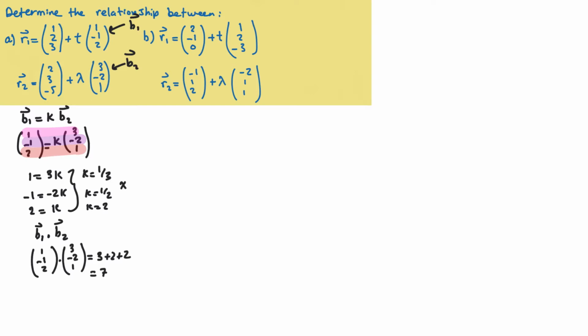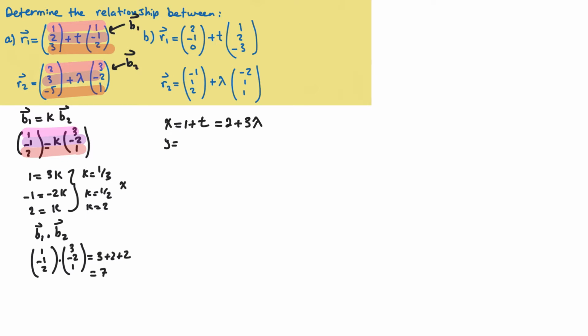Now let's see if they have a point of intersection. To check this, we are going to use the x, y, and z components of them. For the x components, x for r1 is equal to 1 plus t times 1, which is just t, and for r2, it's equal to 2 plus lambda times 3, which is 3 lambda.